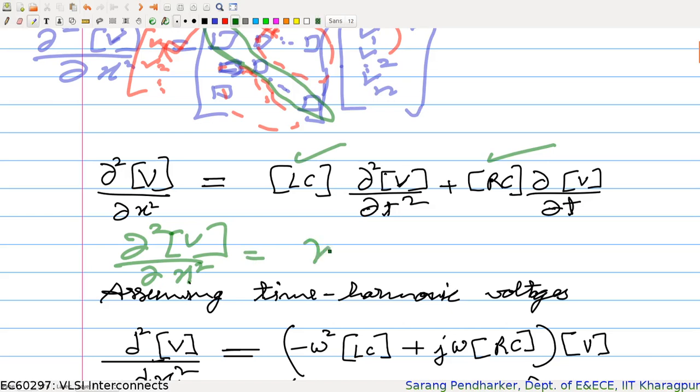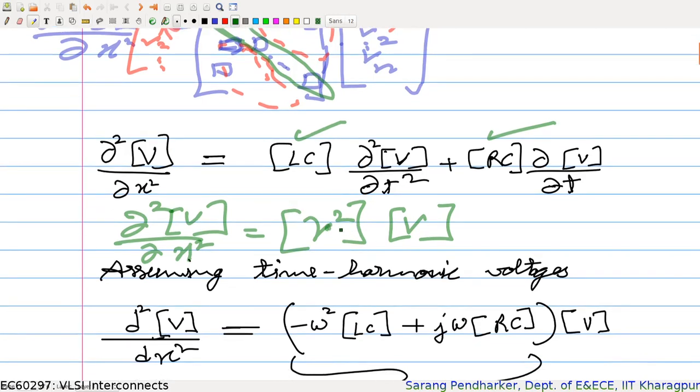You should write this as something like a gamma square matrix, and then if I have a form like this, I am able to solve it. Now, if this is not a decoupled matrix, I will have off-diagonal terms in gamma square as well. Now, what is gamma?